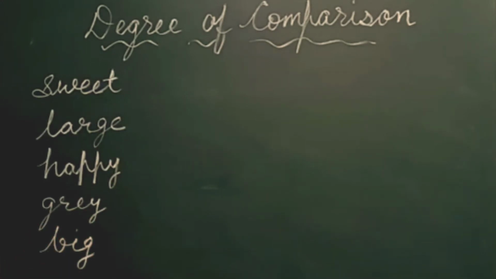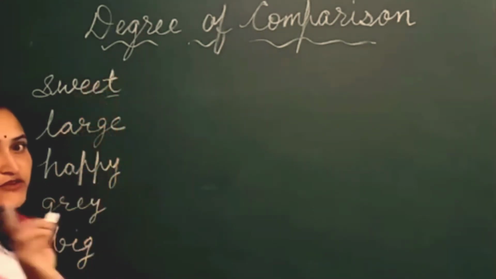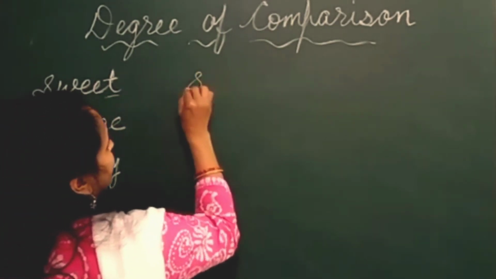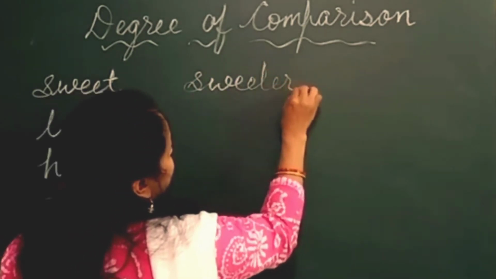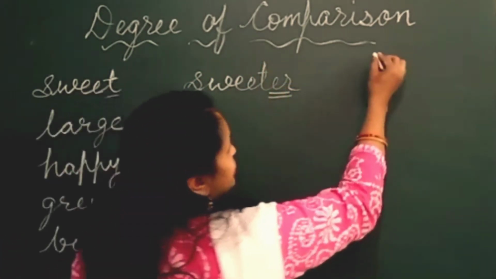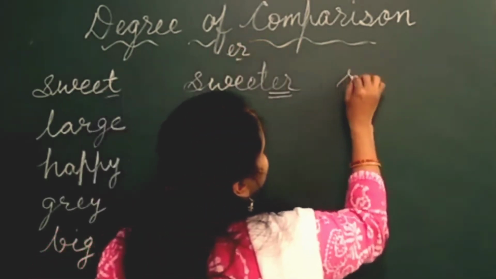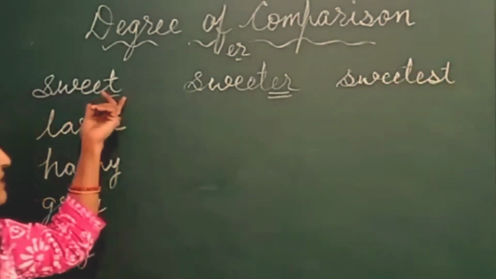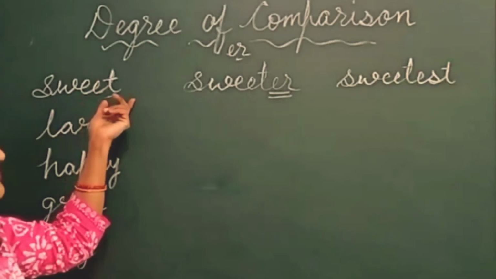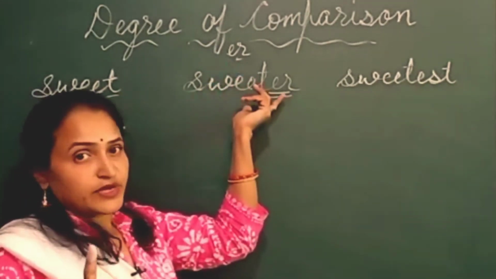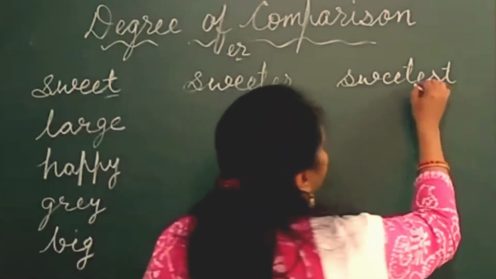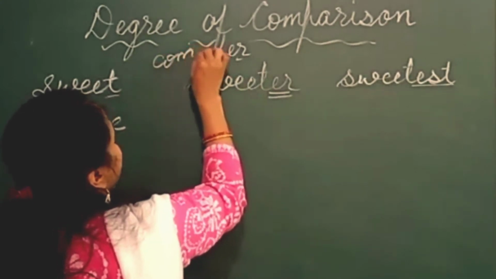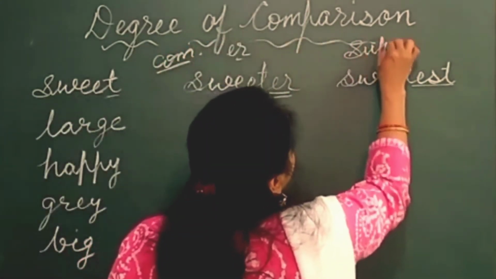When an adjective ends with any of the consonants, we use only er to make its comparative degree and est to make its superlative degree. That is comparative degree and it is superlative degree.